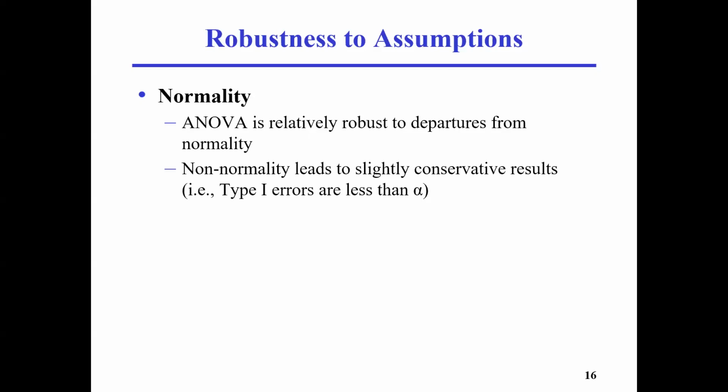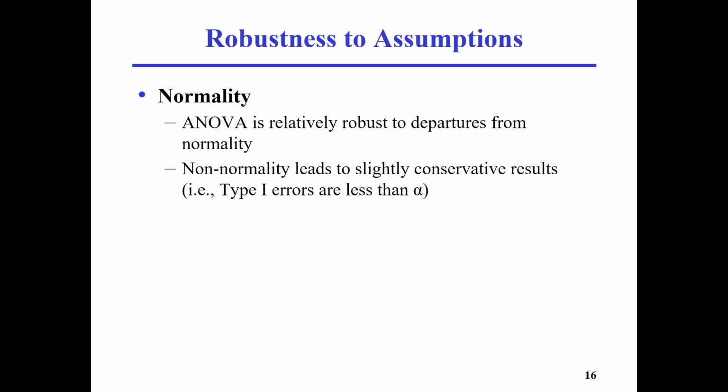Type 1 error means rejecting a true null hypothesis. And the probability of having type 1 error is alpha. So type 1 errors are less likely to happen than alpha, which means that if your populations are not strictly following a normal distribution, as a result of your ANOVA, you tend not to reject the null hypothesis, okay? You tend not to make a type 1 error.